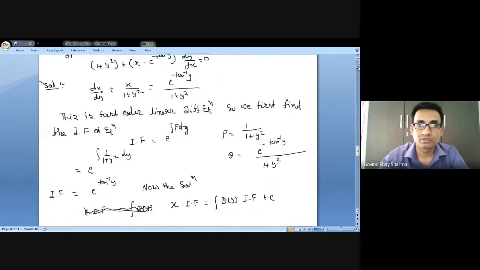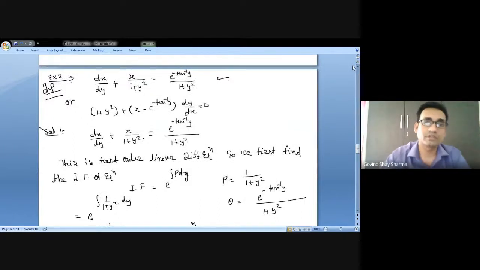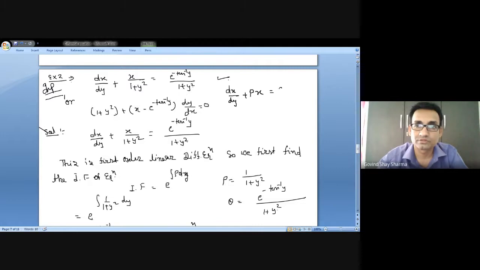First, let this be the equation dx upon dy plus x upon 1 plus y square. Here this is the linear form of differential equation, in the form dx upon dy plus Px is equal to Q(y). This type of equation.